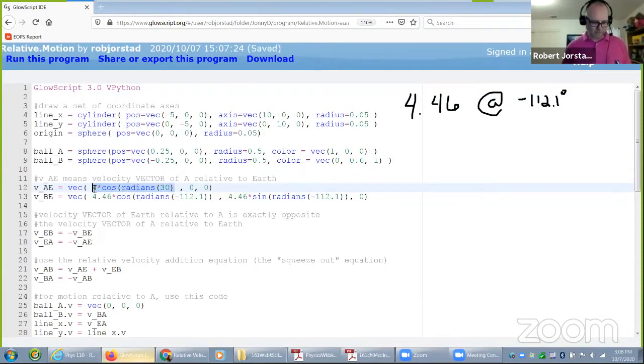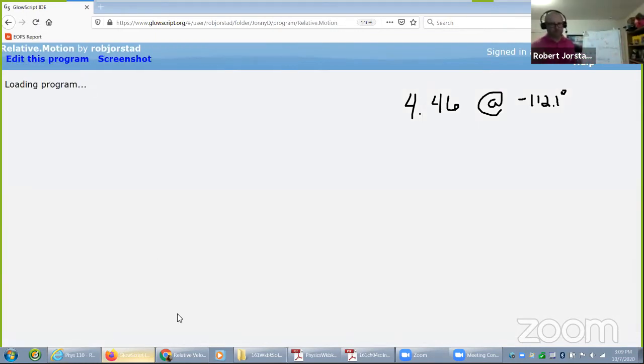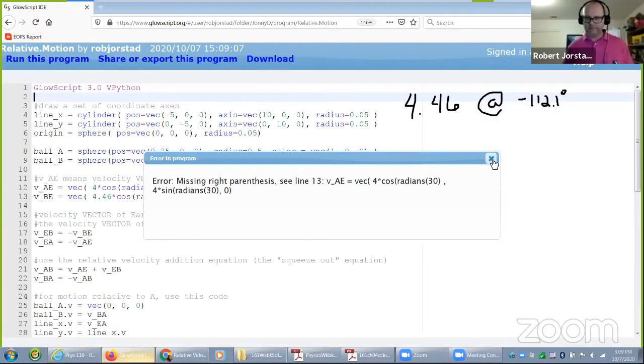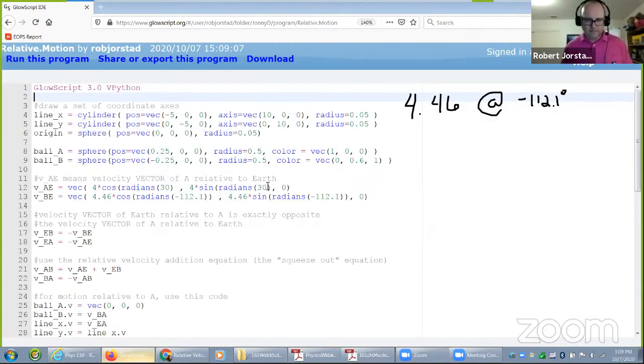So now it should work out if we actually get the velocity of A plugged in correctly. Notice it's usually operator error. So in this case, now we should get 8. Forgot a parenthesis. Right there. And right here.